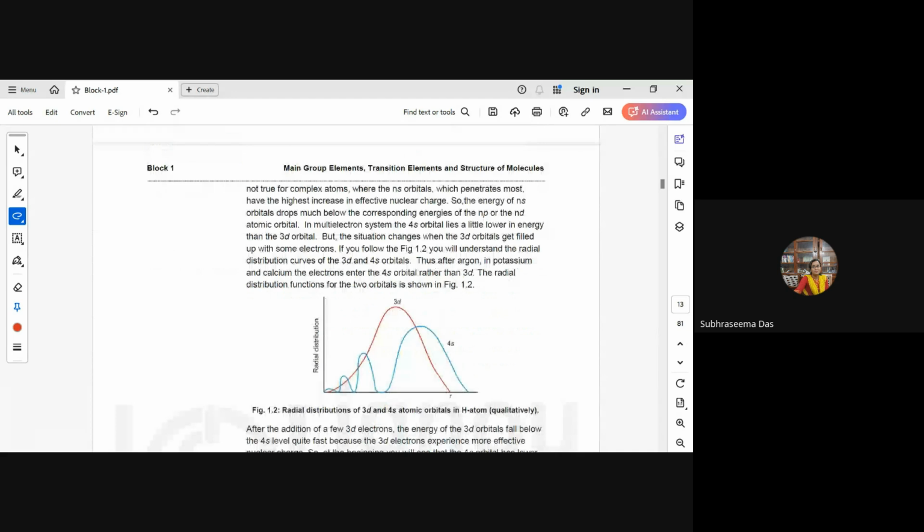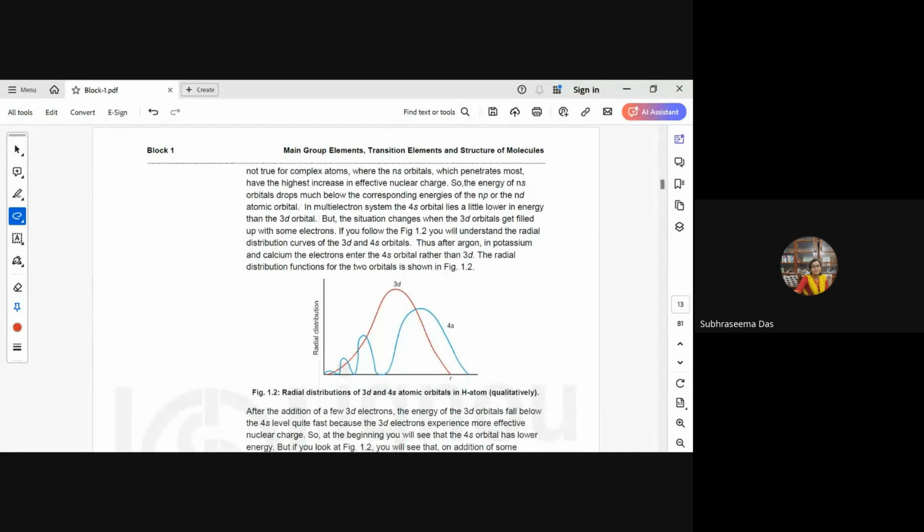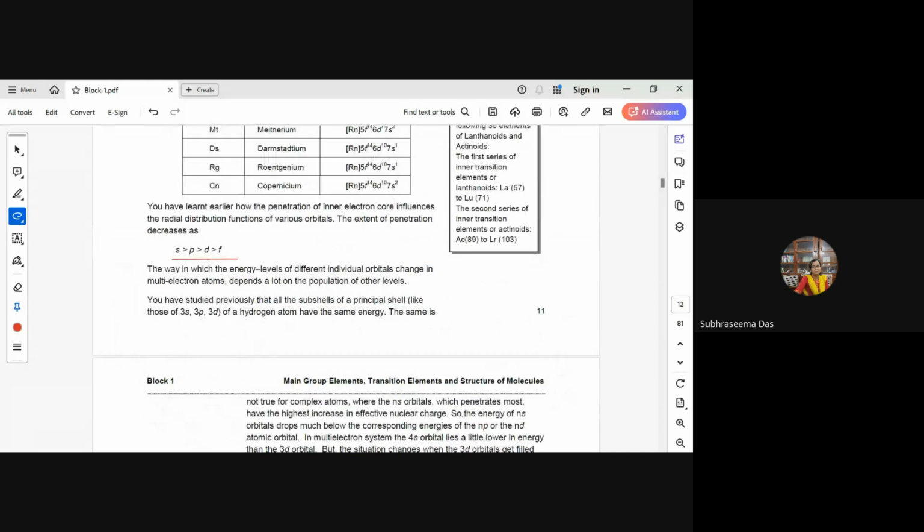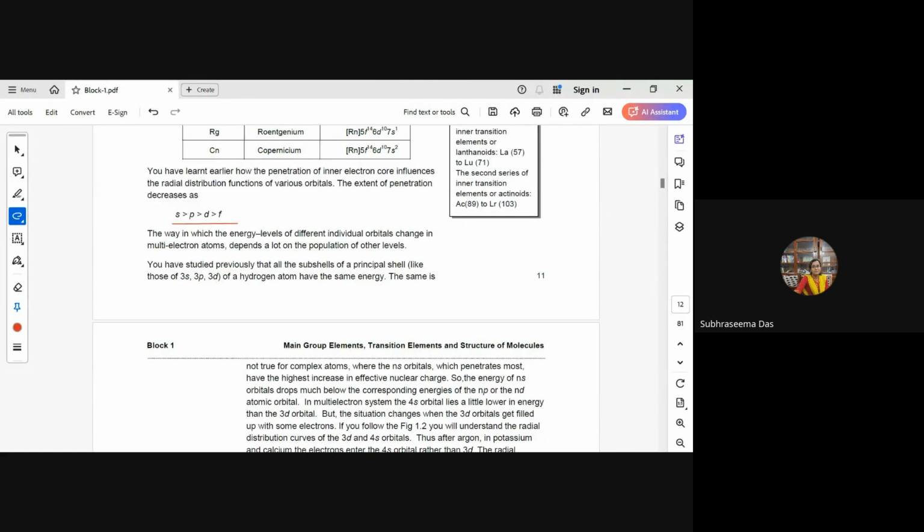Here in figure 1.2 we have a very important figure, called the radial distribution of 3d and 4s atomic orbitals, given qualitatively for the H atom. If we look at the shells like 3s, 3p, 3d, they have the same energy.